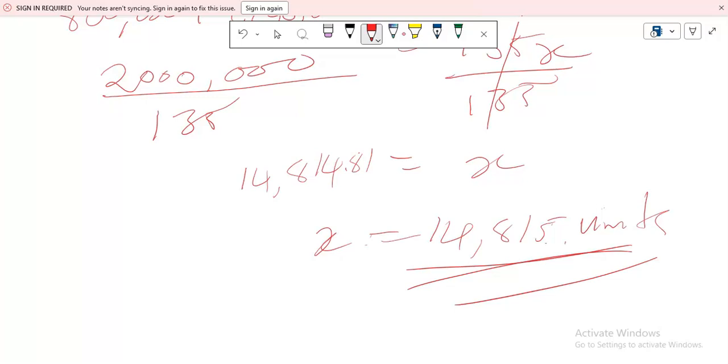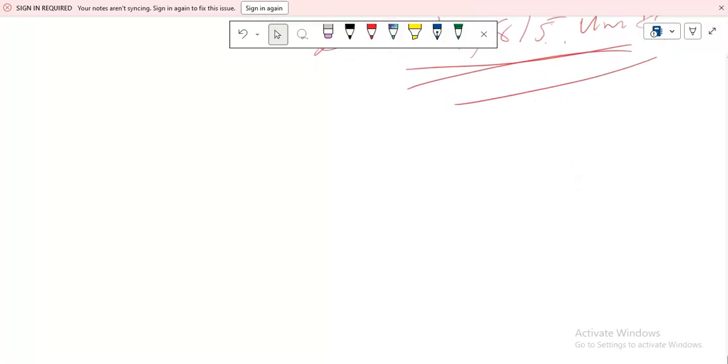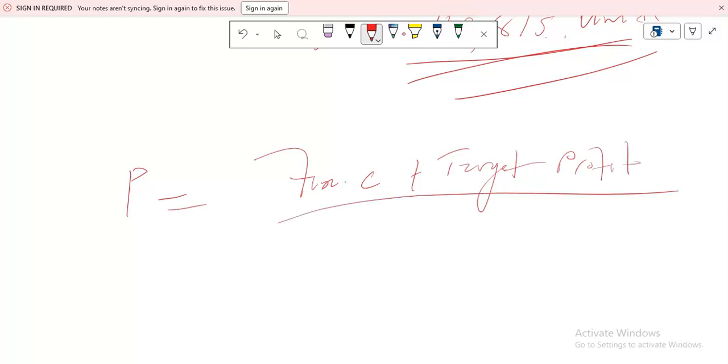Alright. So then you realize that in simple terms, if you do not want to go that route, you just go direct, as in units is equal to fixed cost plus target profit divided by selling price minus variable cost.